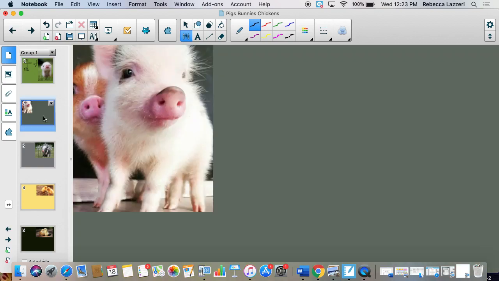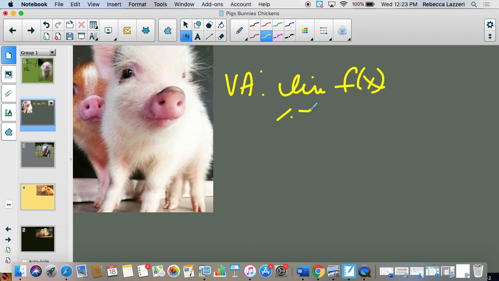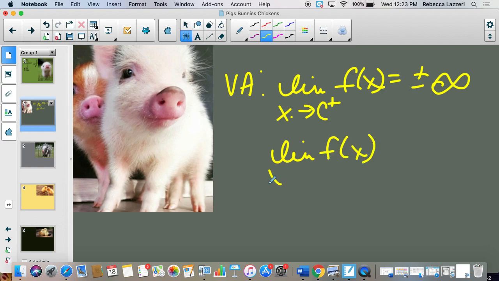so this is like how you'll say you have a vertical asymptote. A vertical asymptote occurs if you take the limit of your function as x approaches c, and let's say from the right, and you get pulled off to positive or negative infinity. I just said and, I meant or. As x approaches c from the left.